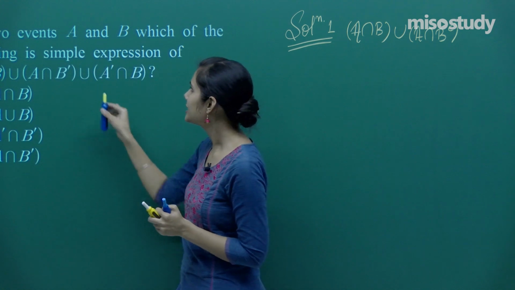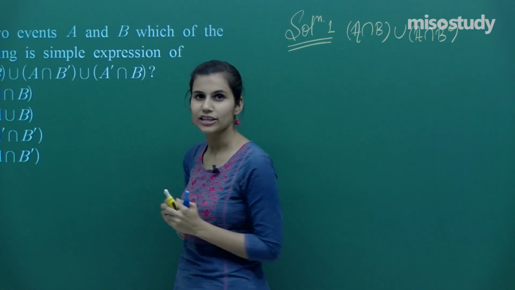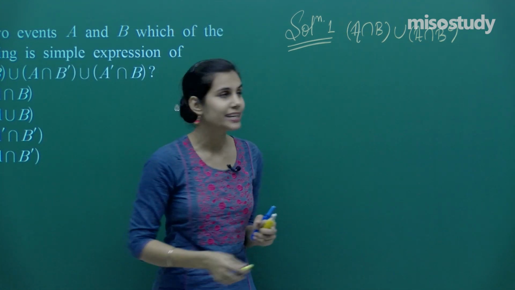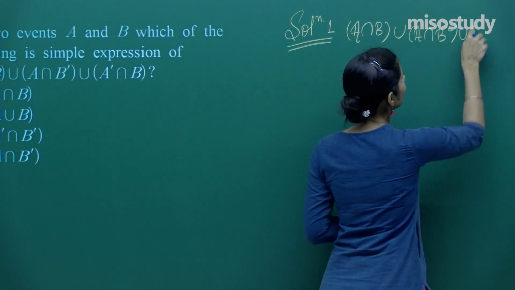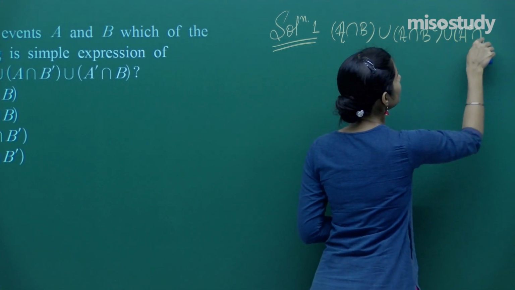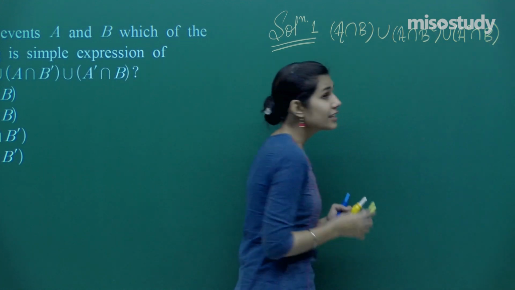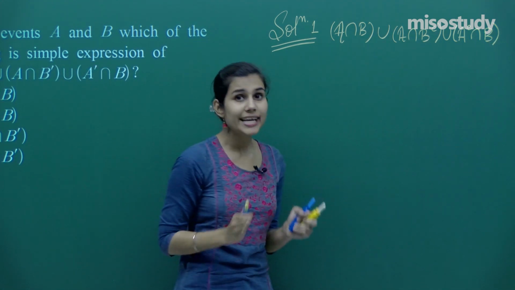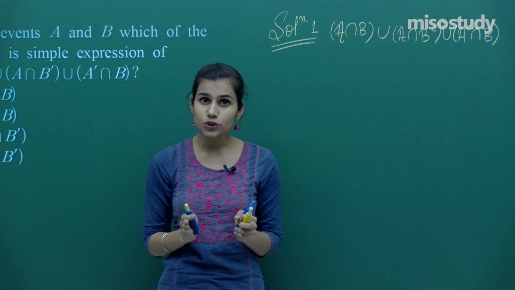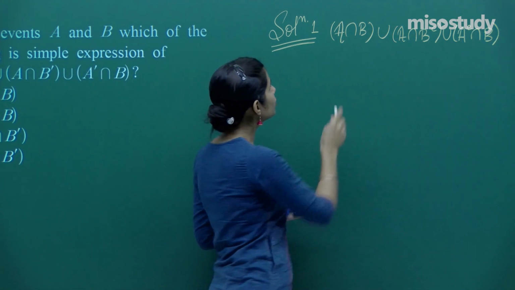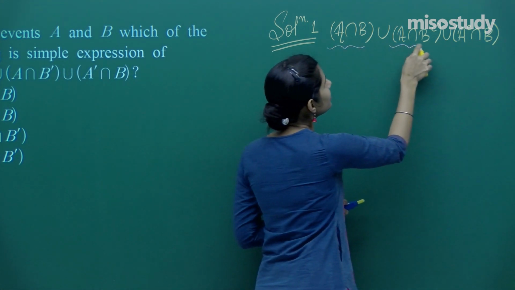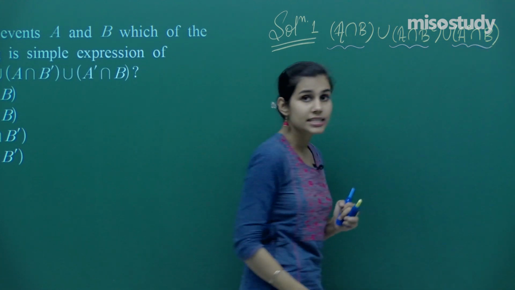And the third set is A complement intersection B with the union sign. The question says, what is that set which you are going to obtain once you take the union of this set and this third set?